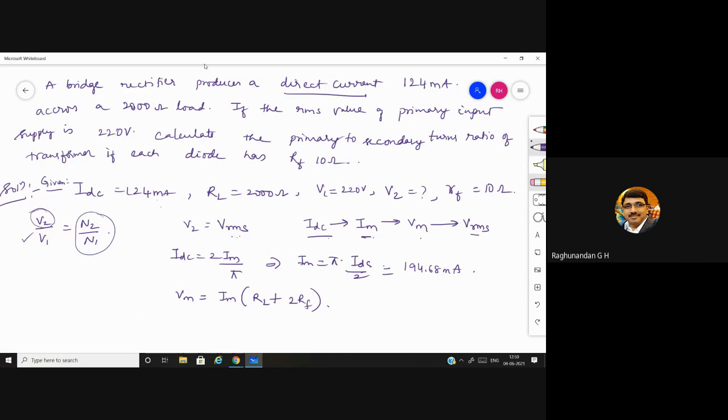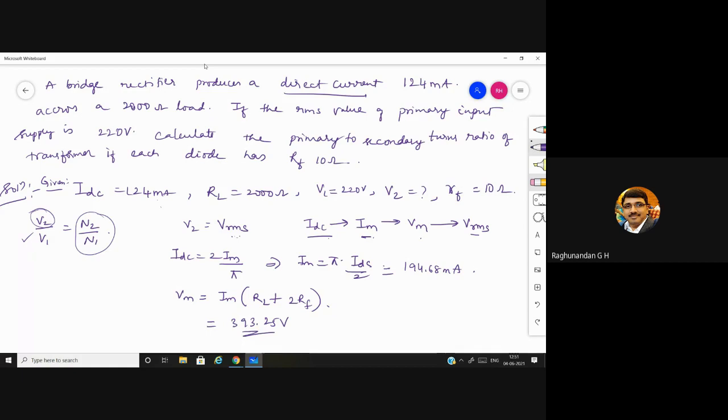In bridge rectifier, this is the only change which we will be having. What is VM? 393.25 volt.